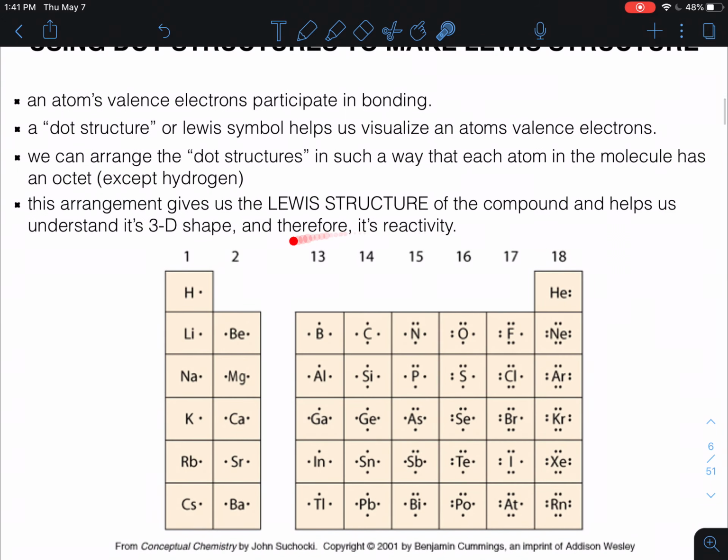If we have a good understanding of this, we can look at how our atoms are going to bond so that they share electrons and therefore complete their valence shell. So we can arrange atoms in such a way that gives us the Lewis structure of the compound, and it helps us understand the 3D structure and therefore its reactivity.